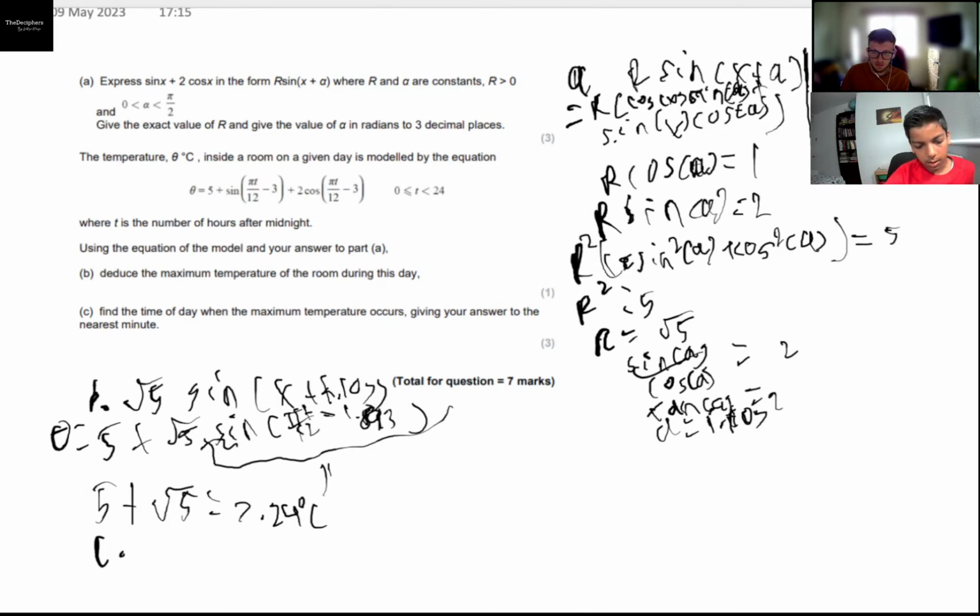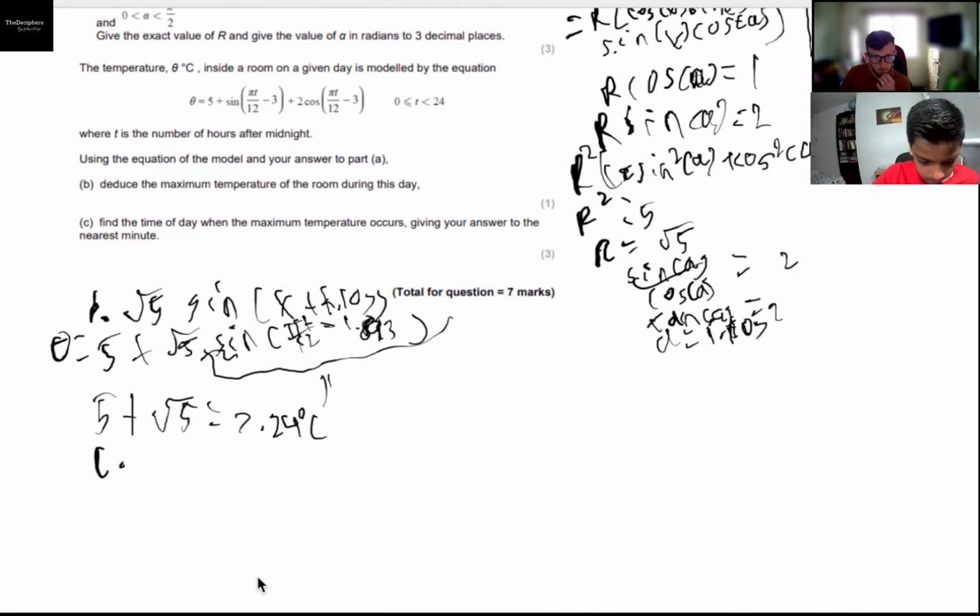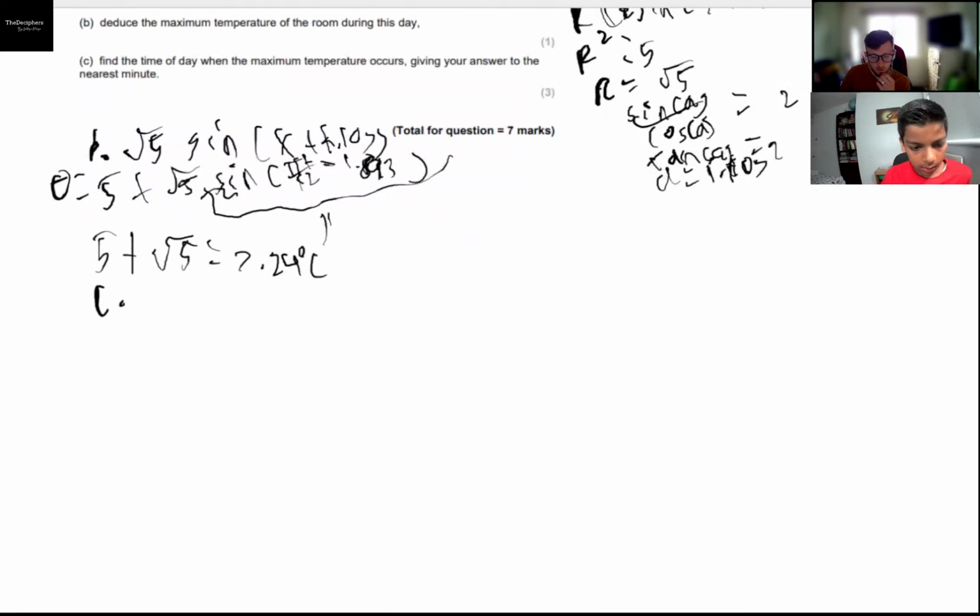And for part C, find the time of day when that maximum temperature occurs, giving your answer to the nearest minute. Okay, so we just have to solve, and it's the time of the day, so we have to use the principal value.